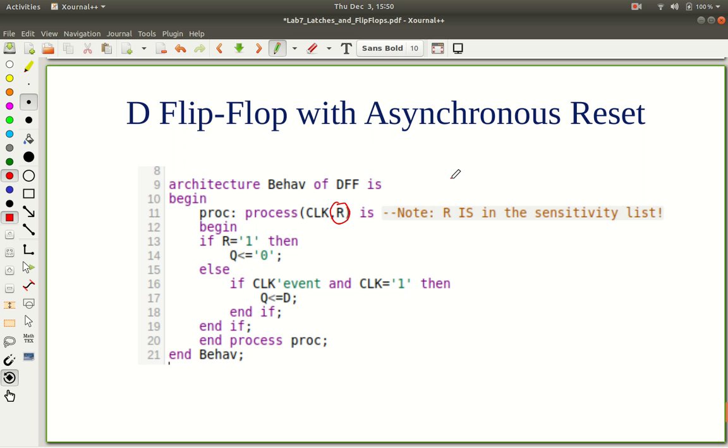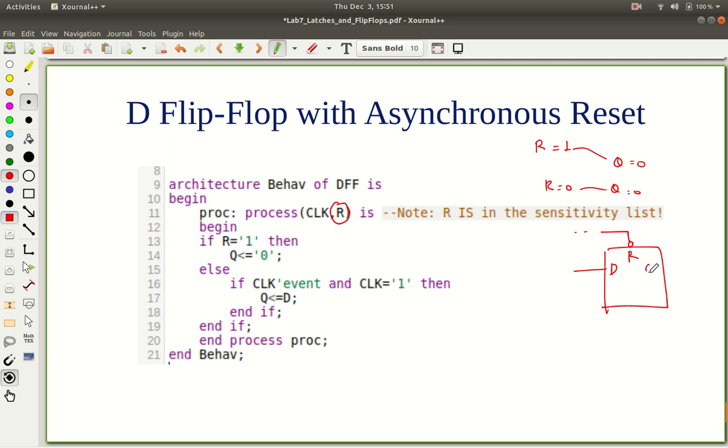Further, the reset can be active high or active low. So an active high reset means if the reset value is 1, then the flip-flop is reset. And active low means if the reset value is 0, then the flip-flop is reset, otherwise it behaves as it is. So it is as if you are connecting a bubble, or inverting, outside the reset pin.